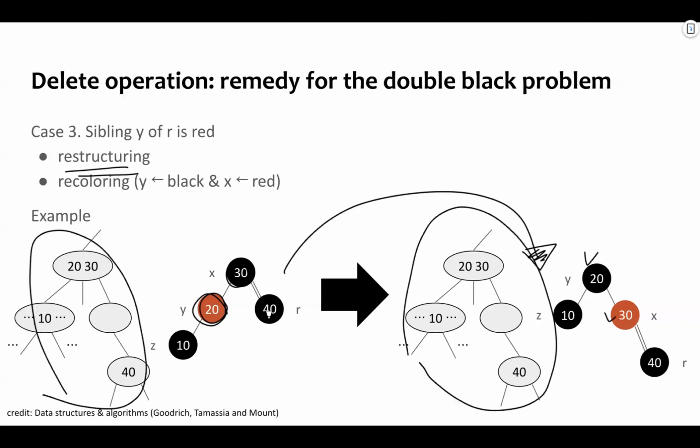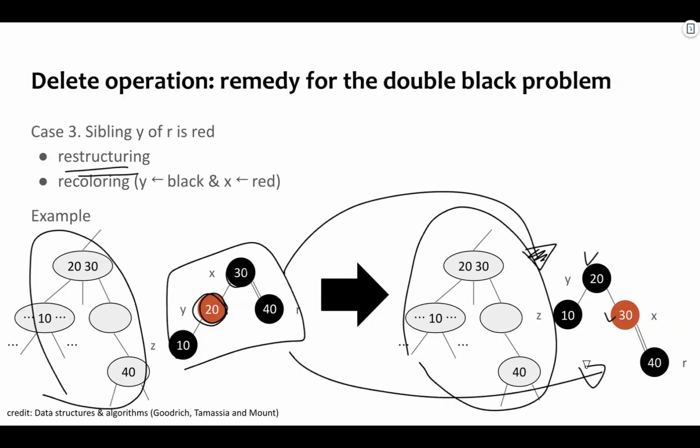However, because we can have multiple representations of red-black trees for the same 2, 3, 4 tree, we're just turning this one into the forms that we know, cases 1 and 2. And we are going to apply the same rules for cases 1 or 2 to resolve this issue. So that is deletion.